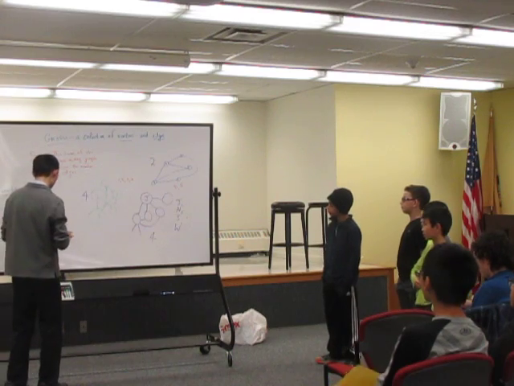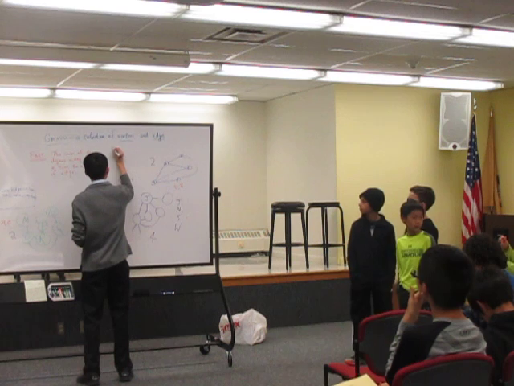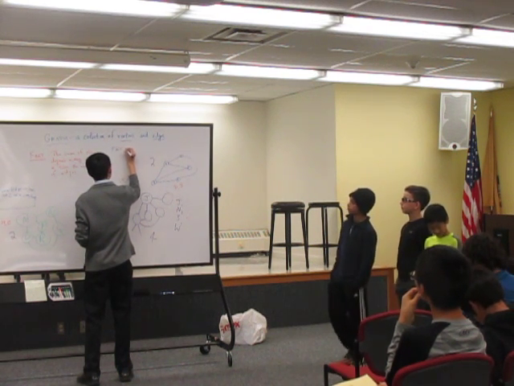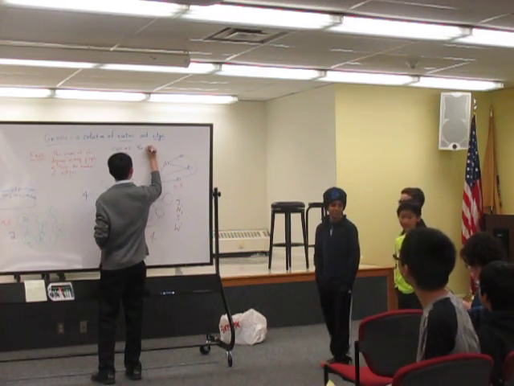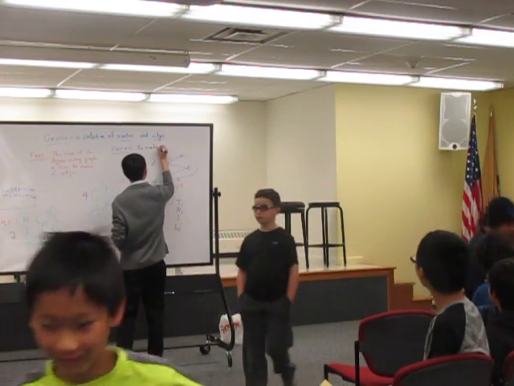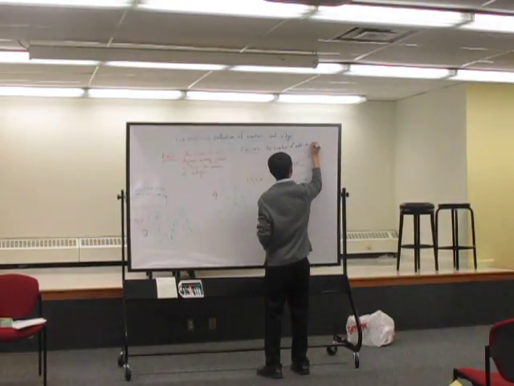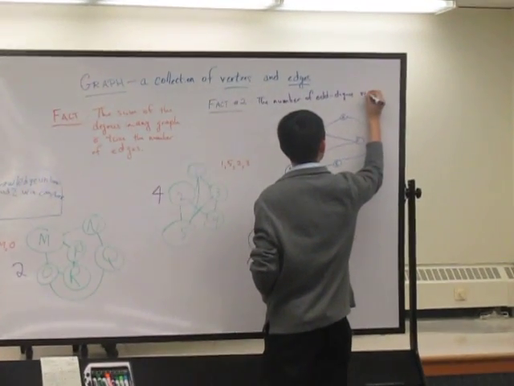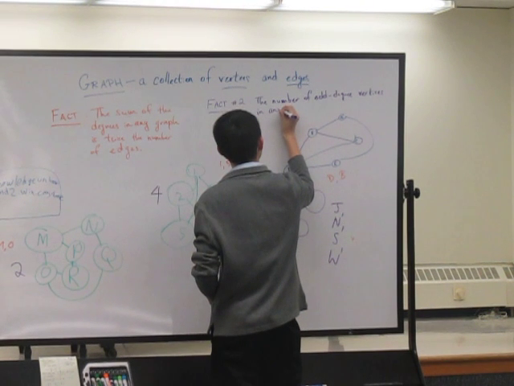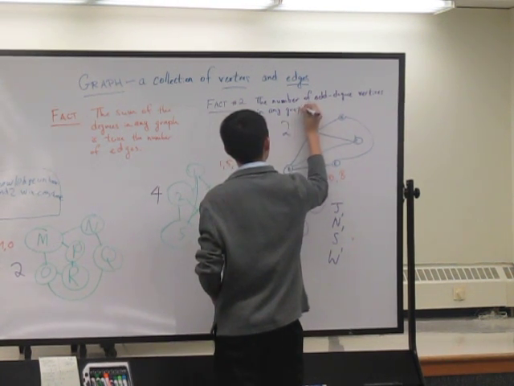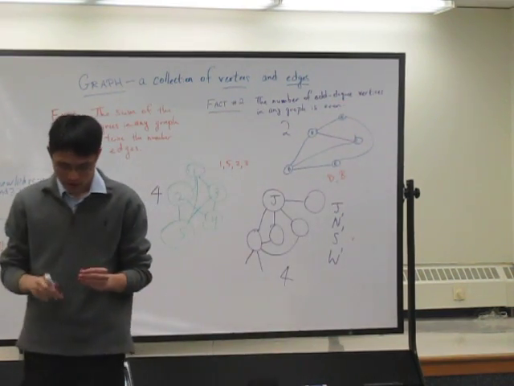Okay, let me just write that down real quick. This will actually form our second fact. The number of odd degree vertices in any graph is even, correct?